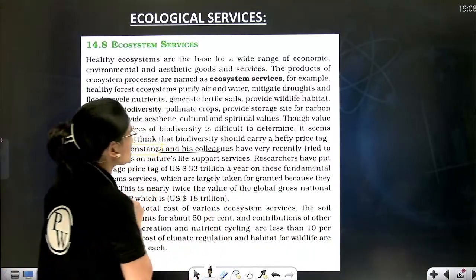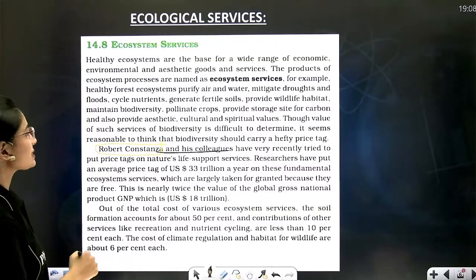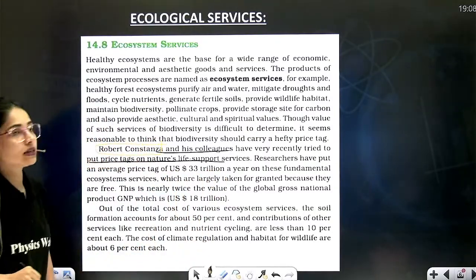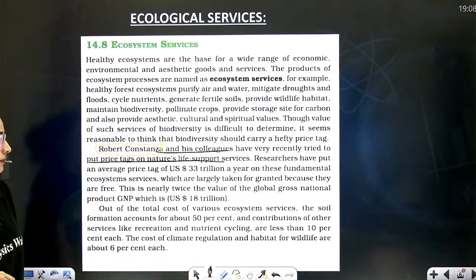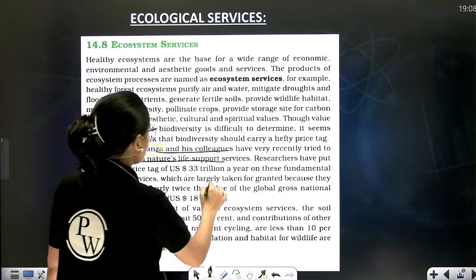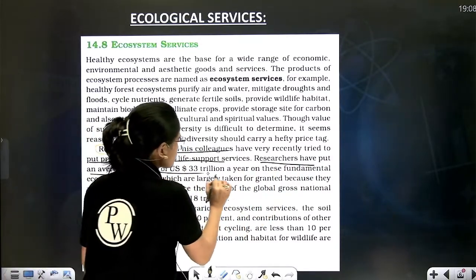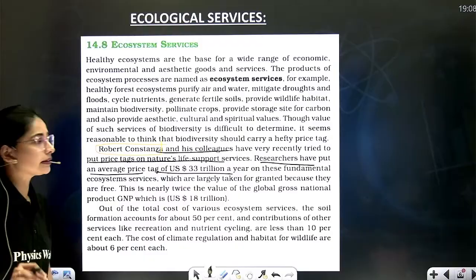Robert Constanza and his colleagues have very recently tried to put price tags on nature's life support services. According to him, researchers have put an average price tag of US dollar 33 trillion.